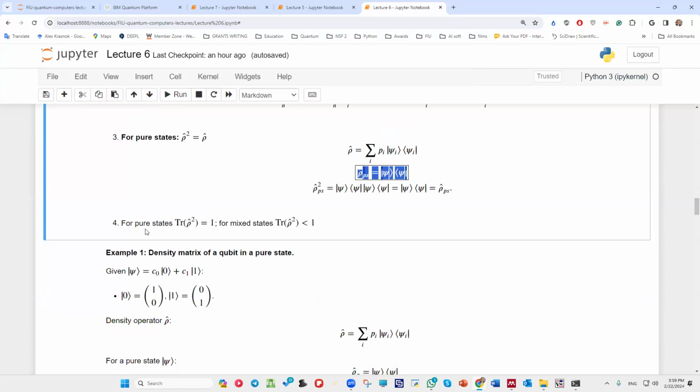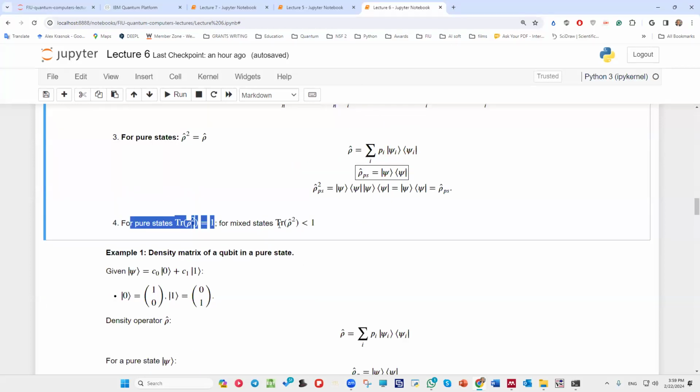And finally, another criterion for a density operator in a pure versus mixed state is this one. In a pure state, the trace of the square of the density operator is 1. Again, it can be easily shown in a similar way.